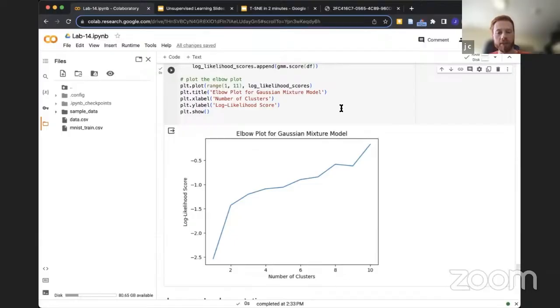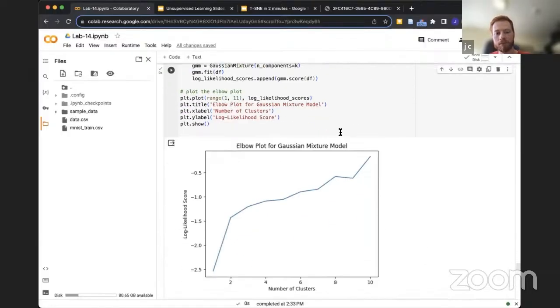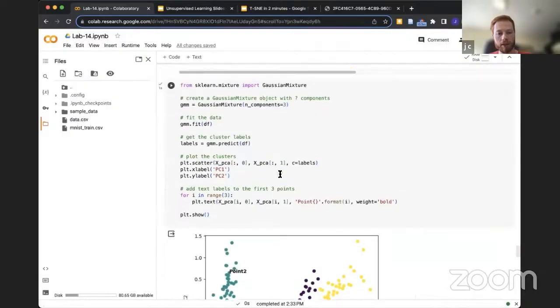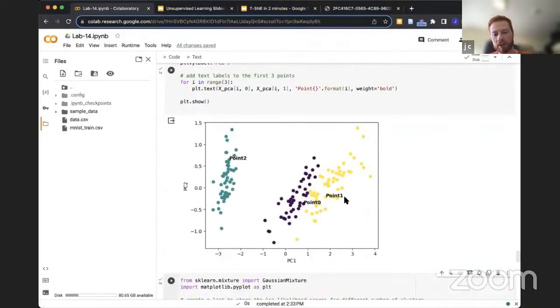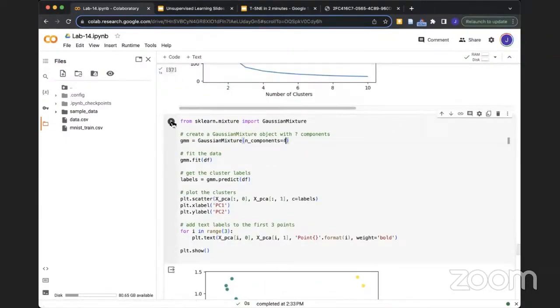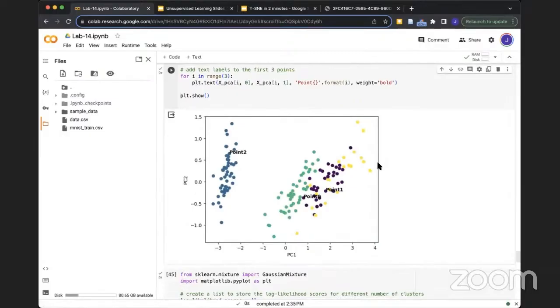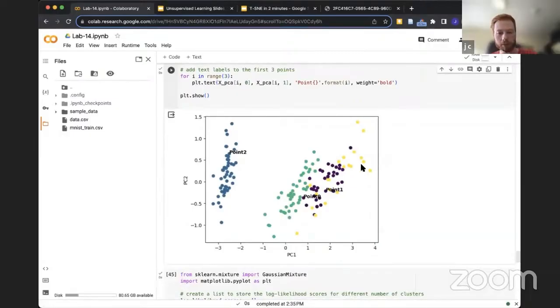No one wants to go for 10? Okay, we've seen 2. This is 3. 4 was also an option. Let's try 4. Okay, 4 is very interesting.